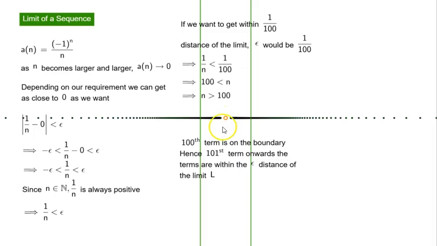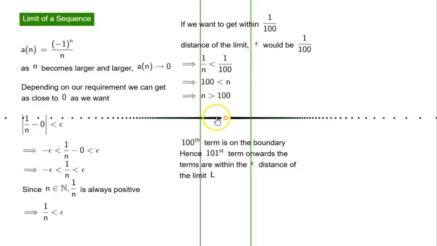This is our limit L. This is minus epsilon. This is plus epsilon. And we can reduce the distance between the limit and the term such that it becomes less than epsilon. So all these terms are less than epsilon.